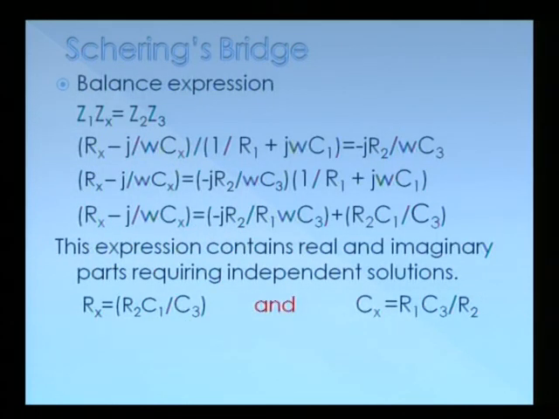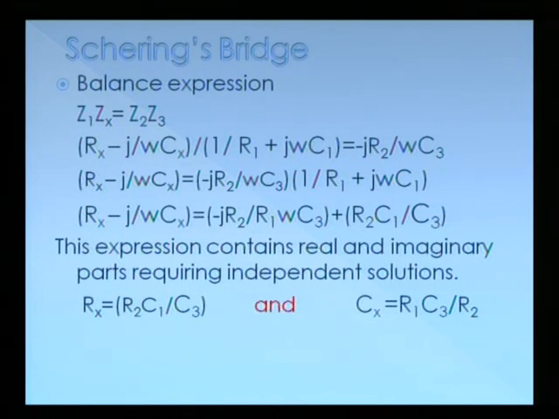Putting these values in the balance expression Z1 Zx is equal to Z2 Z3, we get Rx minus j upon omega Cx divided by 1 upon R1 plus j omega C1 is equal to minus j R2 upon omega C3.